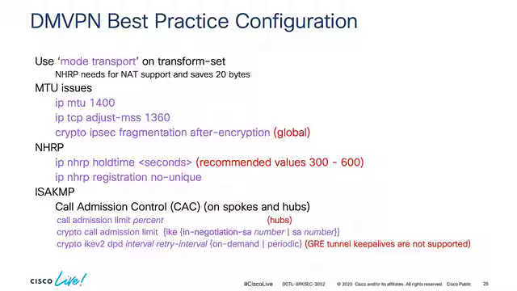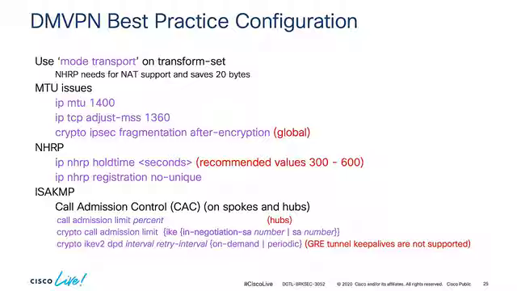It's a very good idea to set the IP NHRP hold time, and the recommended value is between 300 and 600. IP NHRP registration no unique is a command which is enabled by default in later versions of the code. If you do have encryption, it's also a good idea to set up call admission control on the spokes and the hub.